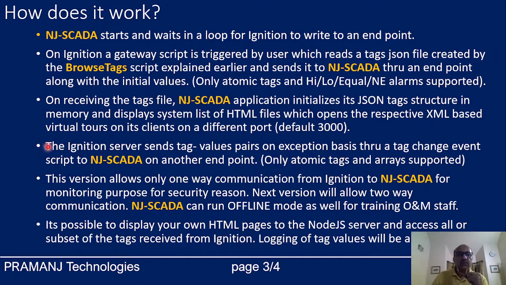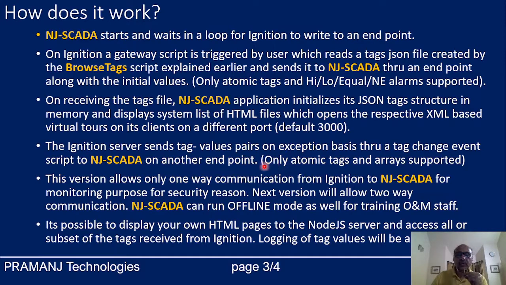Now once the initial values are sent, Ignition sends the tag value pairs of the changed values on an exception basis through a tag change event script, which is defined in NJ-SCADA, to another endpoint of NJ-SCADA.